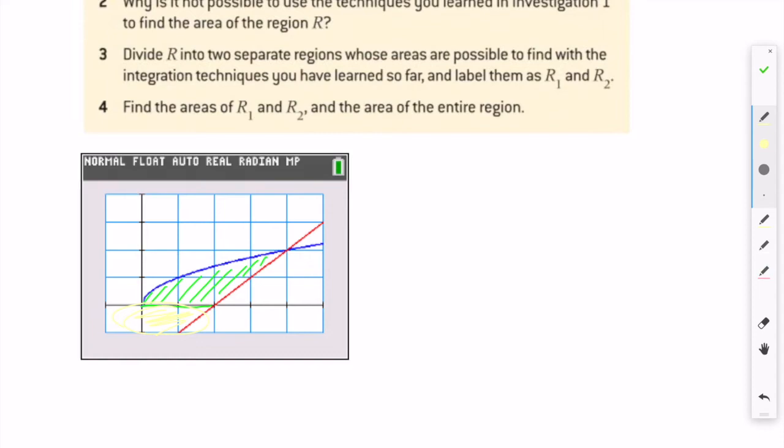Then, what do we do with it? So that's why we cannot just use the same method. So we need some other ways to find that region.